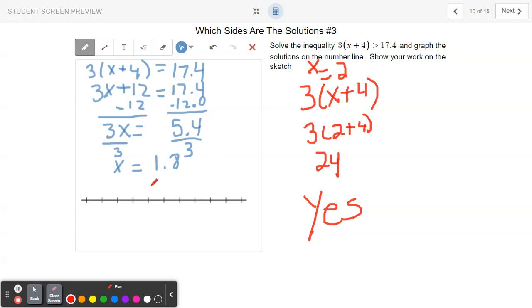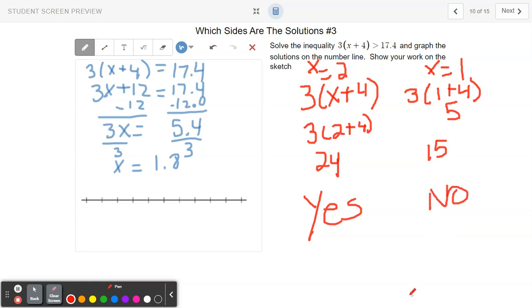Now let's try, just to see where we're going on our number line, what happens if we make this x less than 1.8? So let's do 1. That makes it easy. So 3 times 1 plus 4, right? I just put 1 in for x. So 1 plus 4 is 5. 3 times 5 is 15. Is 15 greater than 17.4? No. Okay.